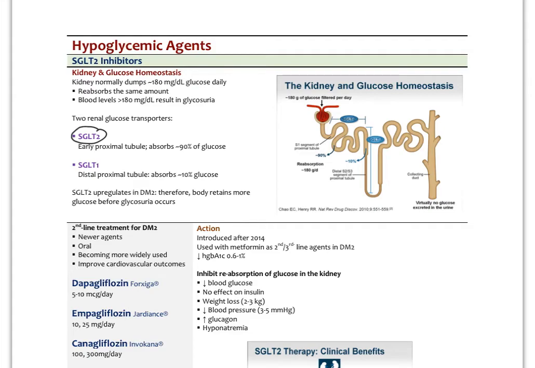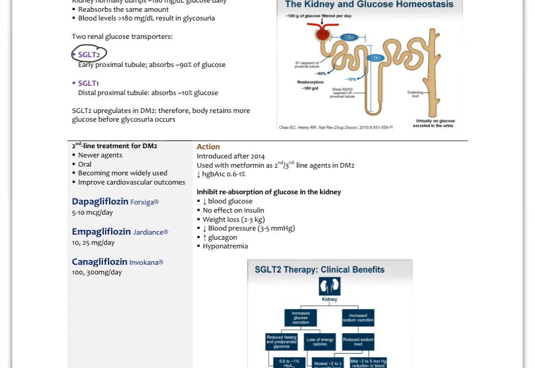They are oral. They're becoming more widely used, and we have studies showing that they can improve cardiovascular outcomes. They have a net effect on weight loss, decreasing blood pressure, and decreasing blood glucose without affecting insulin, so they don't cause hypoglycemia. So a lot of benefits, not a lot of adverse effects from that.